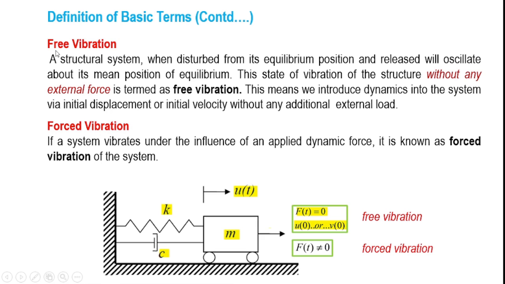So remember, for a free vibration, Ft equal to 0, and to start the free vibration, we require either an initial displacement or an initial velocity or both imposed on a system. Whereas in a forced vibration, the process of vibration starts under the influence of an external force Ft. That is, Ft is not equal to 0 for a forced vibration.